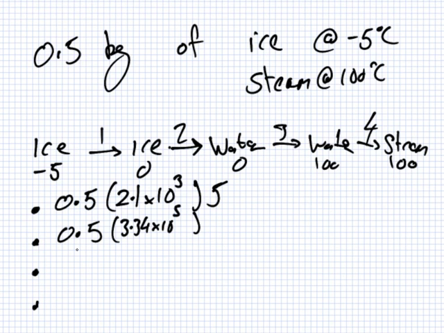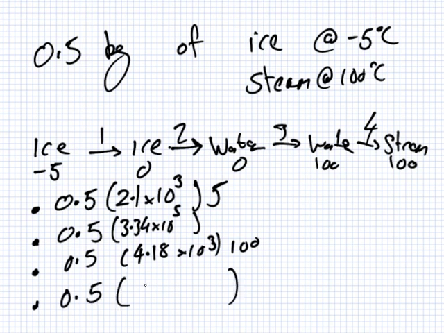And now water from 0 to water at 100 is 0.5, c is 4.18 times 10 to the 3, times 100. And then lastly, the water becomes steam, which is ml, the latent heat of vaporization, 2.26 times 10 to the 6. So calculate these four and add them up.